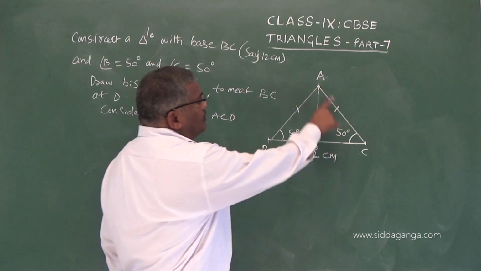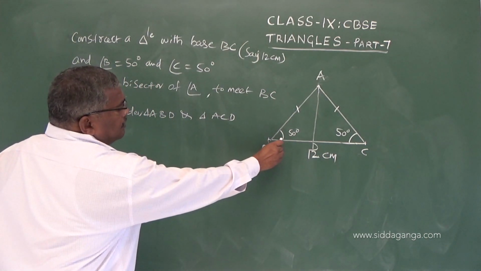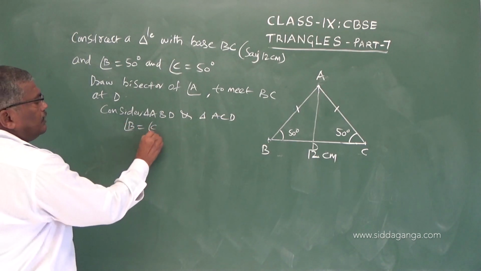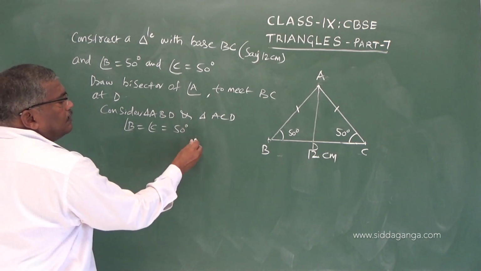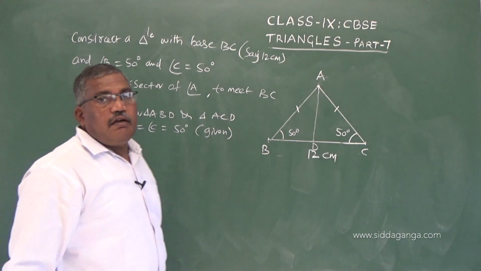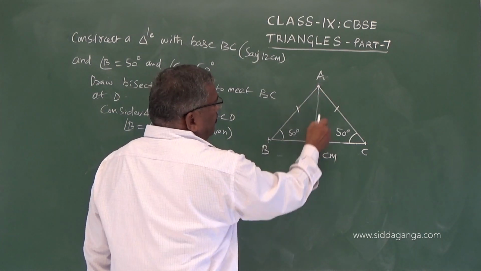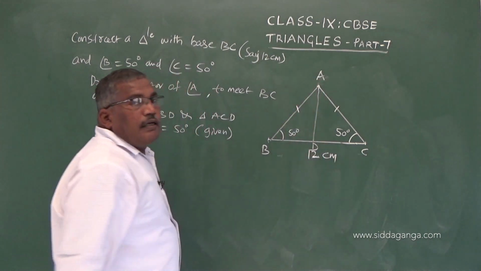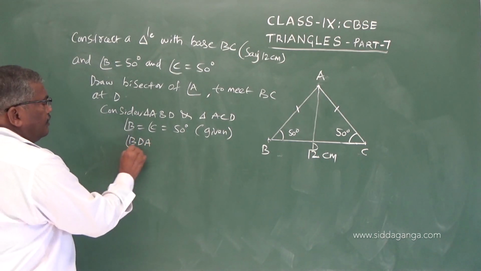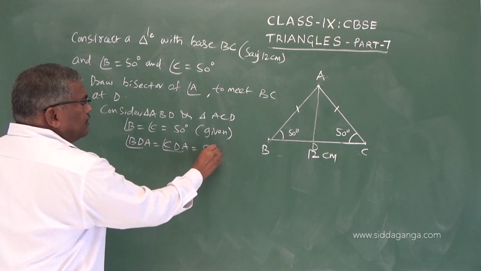Now in these two triangles, if you make comparison, observe here, angle B is equal to angle C is equal to 50 degree. So it is given data, by construction we have made equal. And BDA will be equal to CDA. They are 90 degree. BDA is equal to CDA is equal to 90 degree.